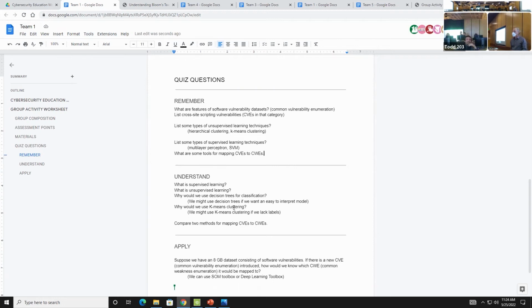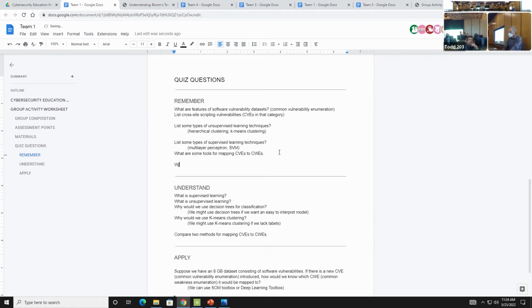Is that remember? Yeah. But you could remember, I could say it's a common vulnerabilities and exposures, but I may not know what that means. I may not understand what it means. Right. Being able to assign meaning to that.